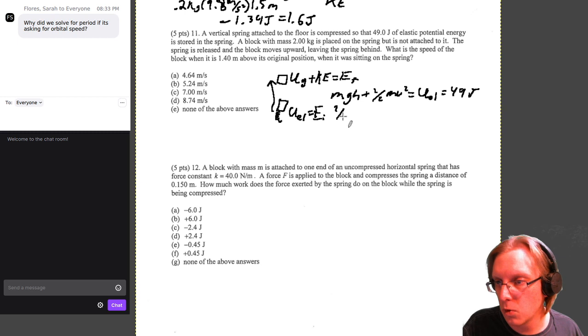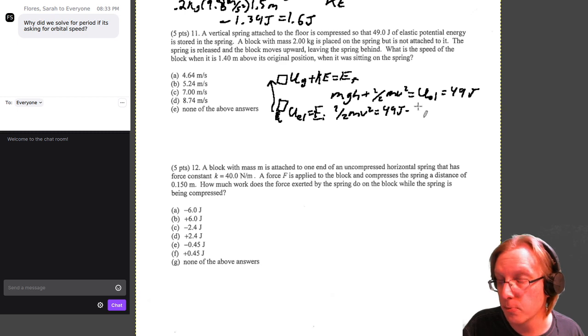Okay. 1/2 mv squared is equal to 49 joules minus the initial gravity potential. So that's 2 kilograms, 9.8 meters per second squared, and we got height. Where do you go? 1.4 meters.